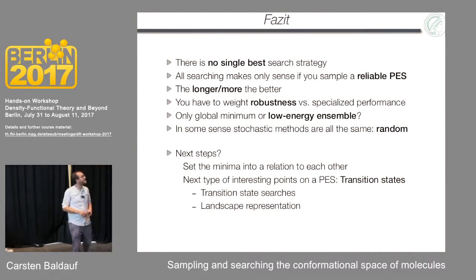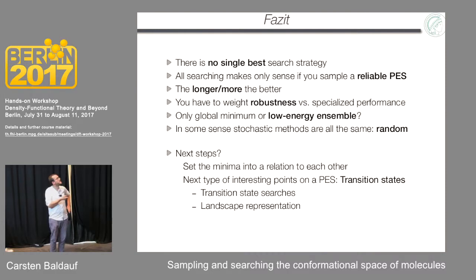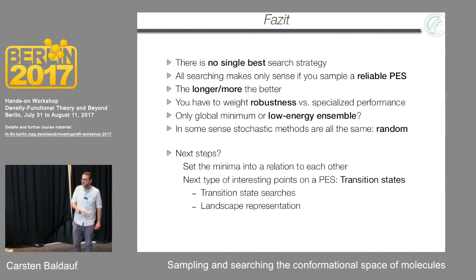This is then interesting for the next step, namely the other type of interesting points on a potential energy surface, which are, of course, transition states. If I have an ensemble of minima, there's a chance of interconversion between them. And in order to get an idea how that works, I need to know the location and the height of the transition states. This would then mean that I would perform transition state searches. There are techniques for that.